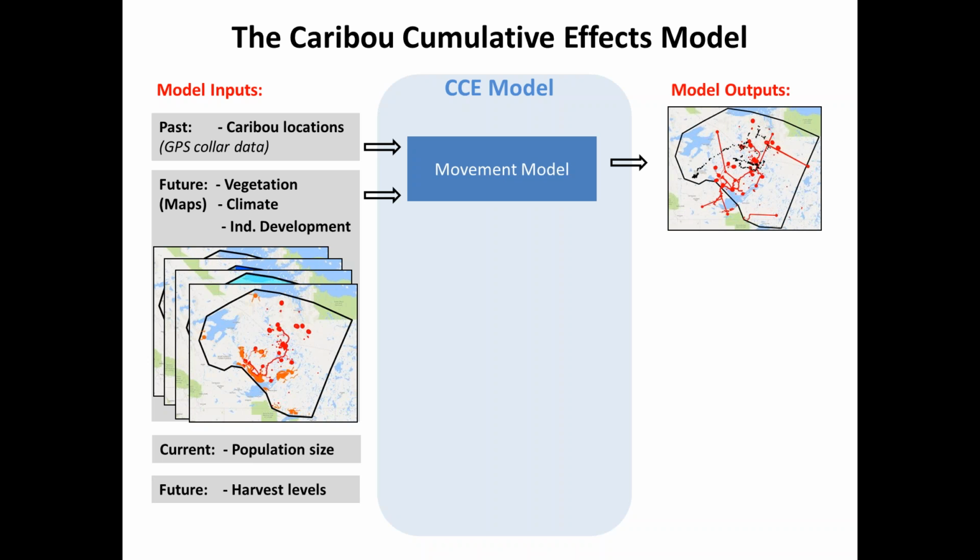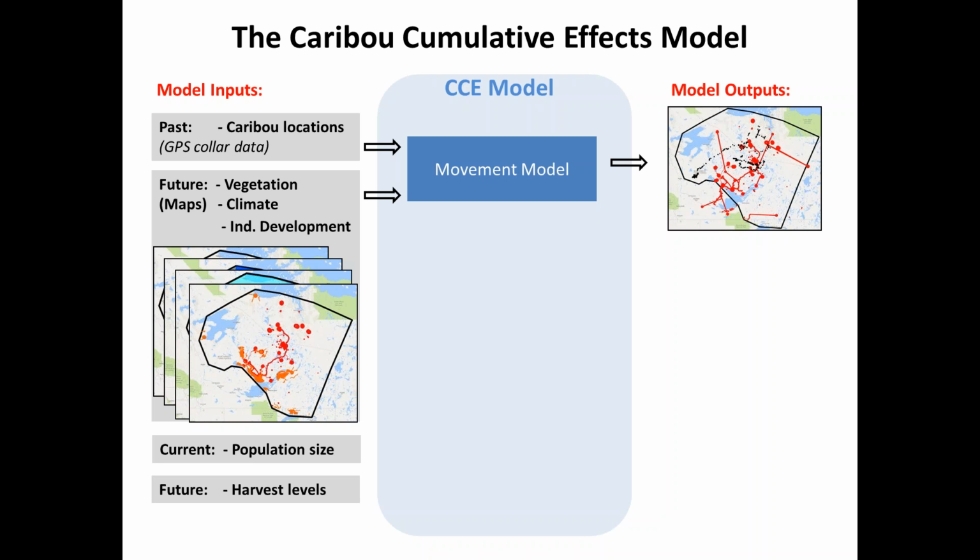What's kind of unique about the CCE is that it integrates 3 different submodels to try and make projections about the effects of these different model inputs on different key indicators.